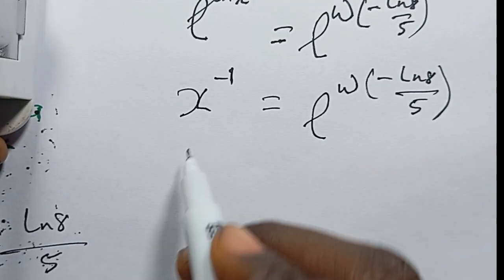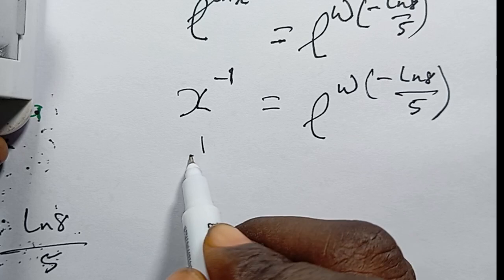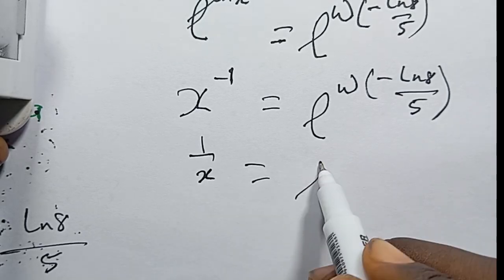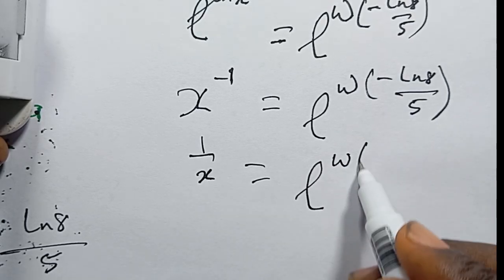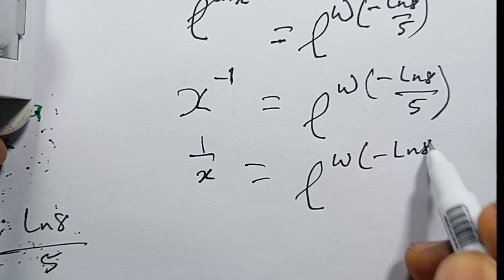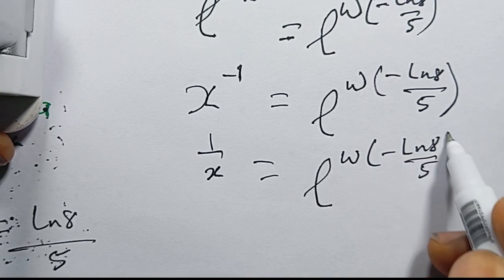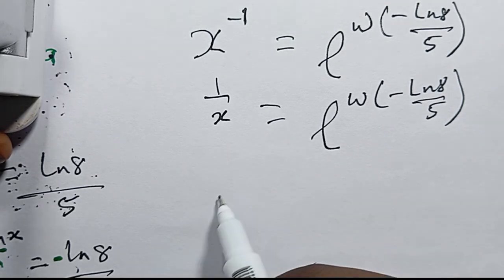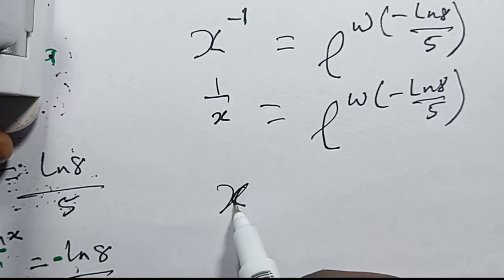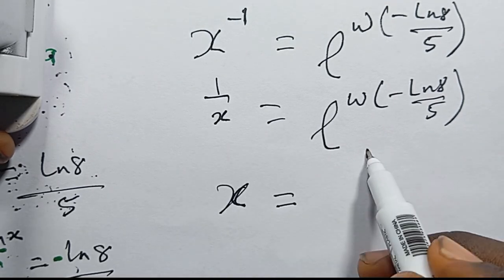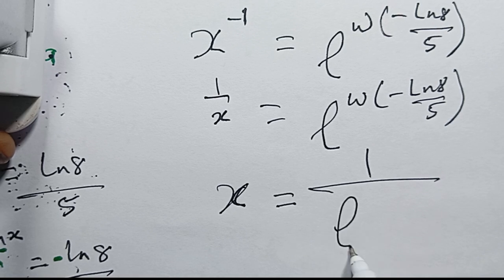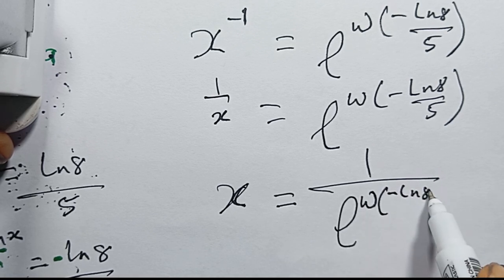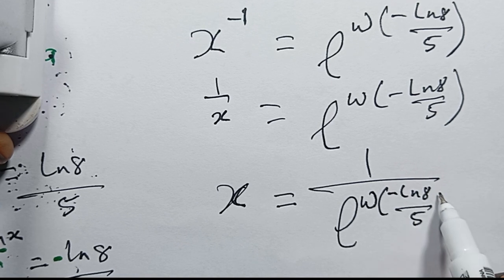We can also write it as 1 over x is equal to e to the Lambert W function of negative natural log of 8 divided by 5. Eventually you're going to have that x is equal to 1 over e to the Lambert W function of negative natural log of 8 divided by 5.